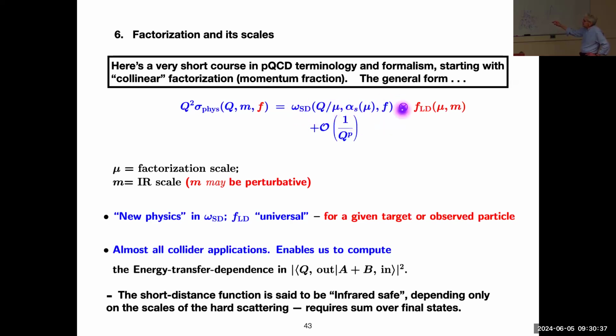But this short distance part is convoluted, in terms of some momentum transfers, with a long distance part, which we can think of as the product of two different, or one for deep inelastic scattering, one in hadron-hadron scattering, two momentum fractions. So an x and an x prime, whatever.